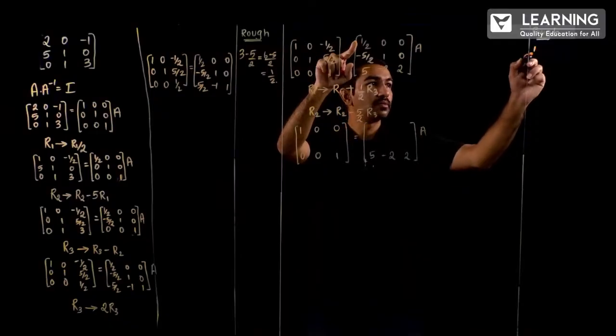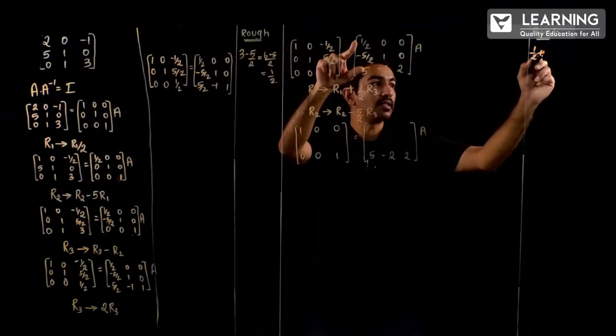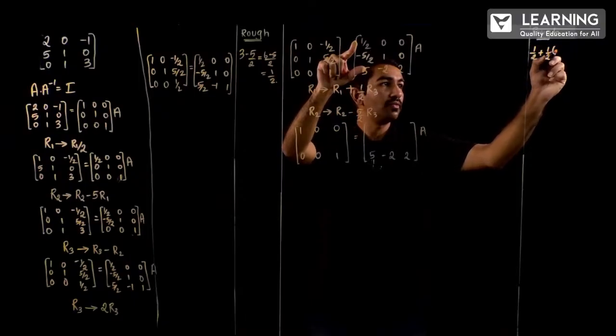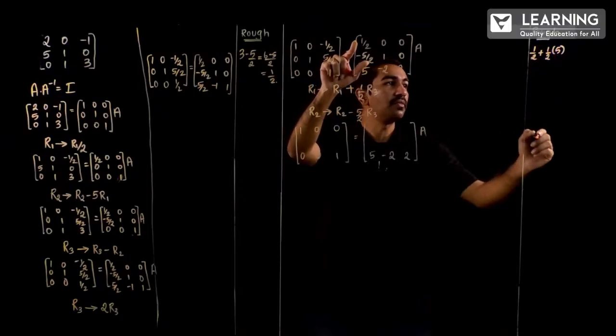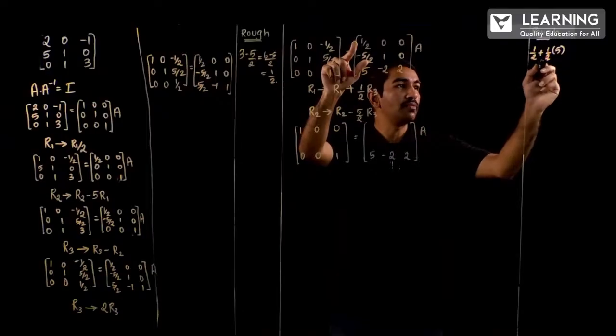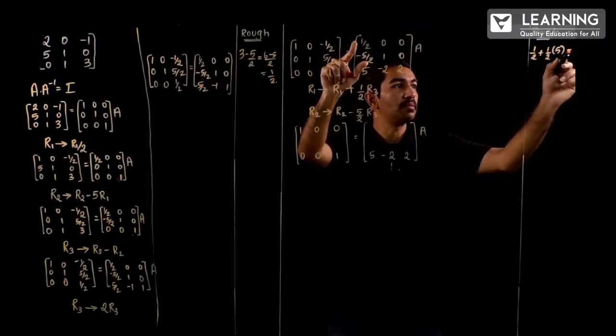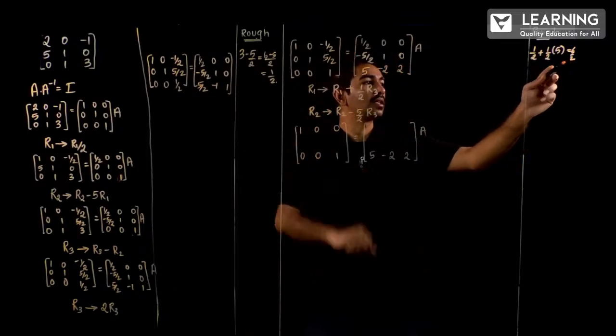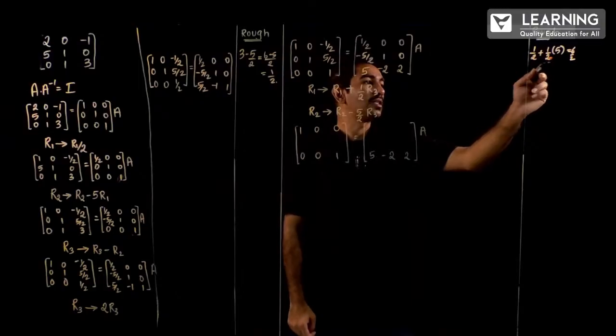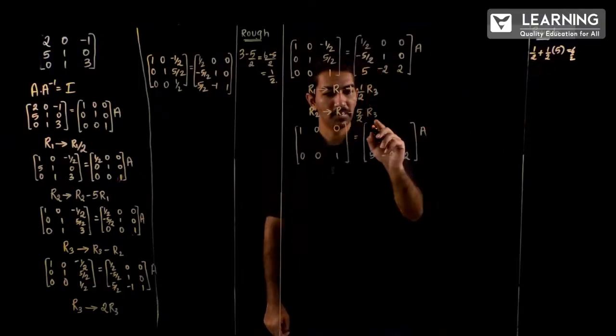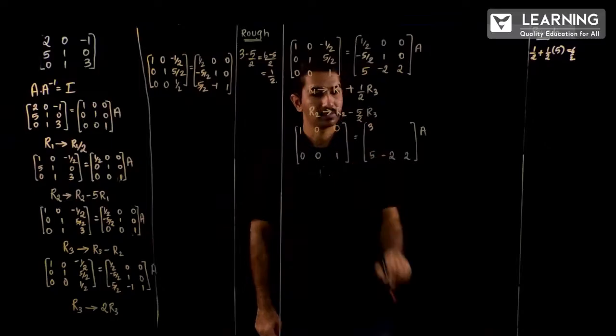R1 is 1 by 2 plus 1 by 2 of R3. So 1 by 2 of R3 is 5. Simplify this. Denominators are same, you can add up the numerators. So this will become 1 by 2, 5 by 2 plus 1 by 2, 6 by 2. 5 plus 1 is 6, 2 3s are 6. So this will become 3 here.